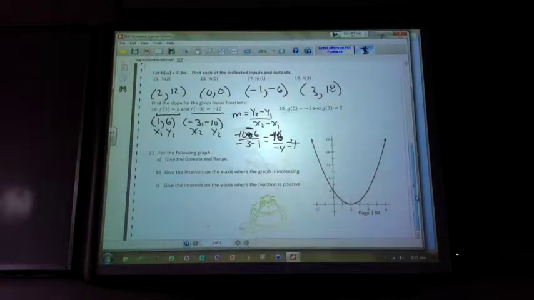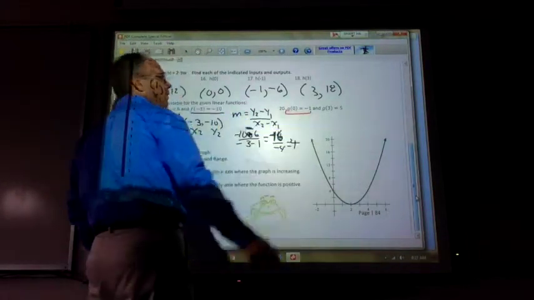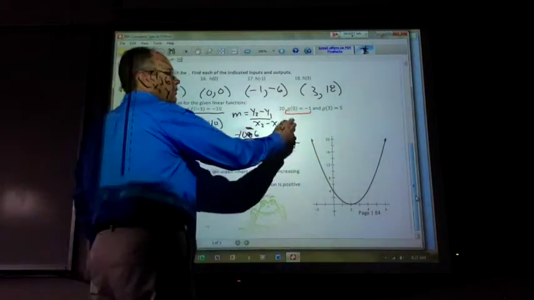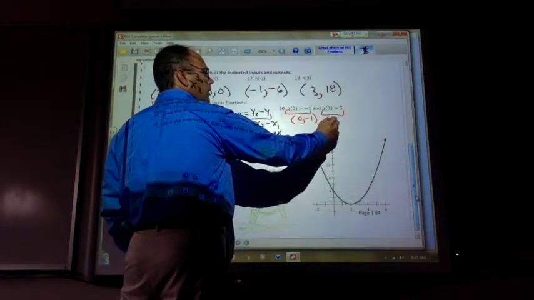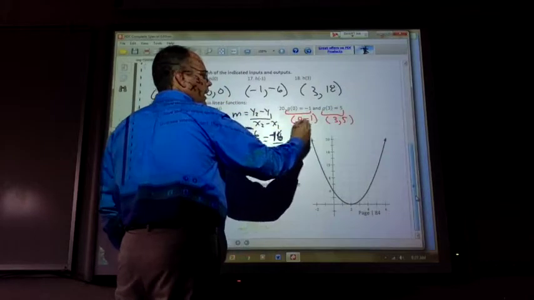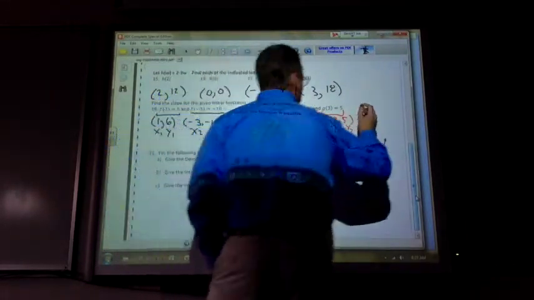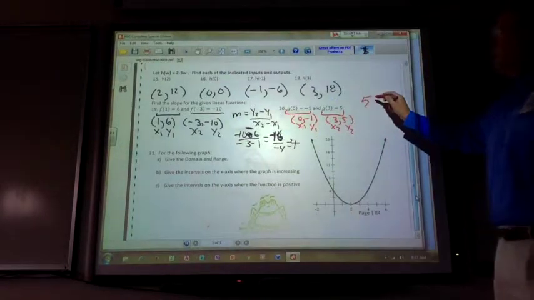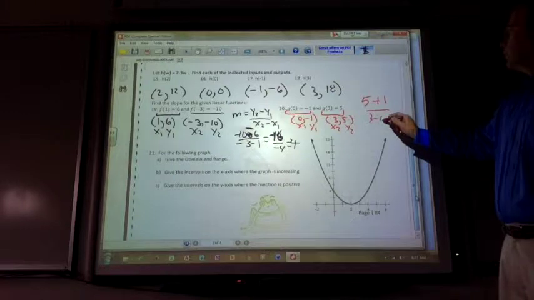All right. What point does this yield me? 0, 1, -1, and this gives me what? 3, 5. Again, x1, y1, x2, y2, using the slope equation. 5 minus minus 1 is 5 plus 1. 3 minus 0.